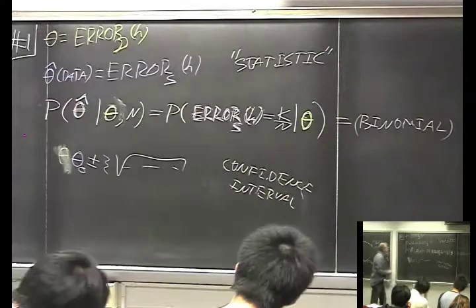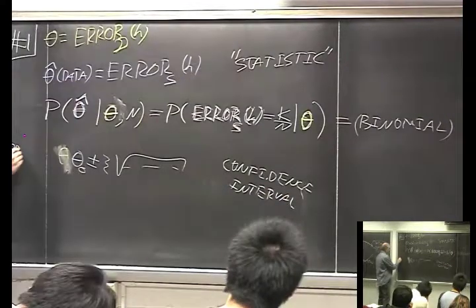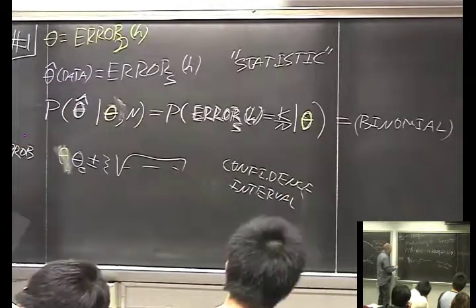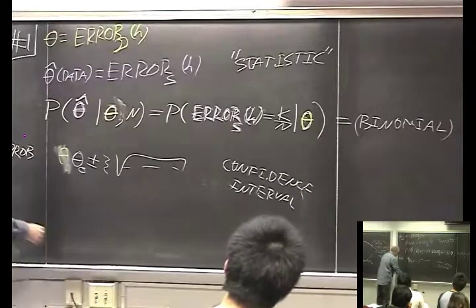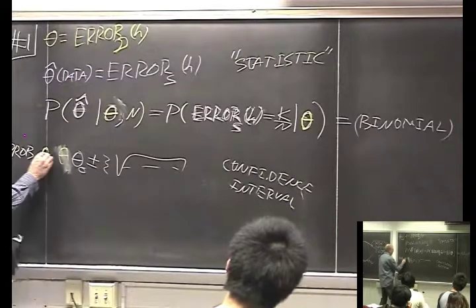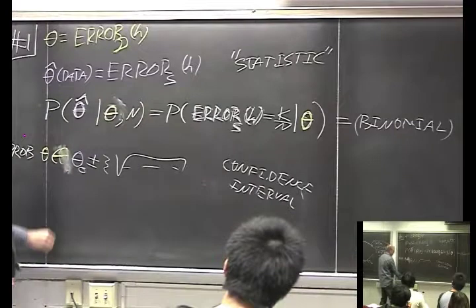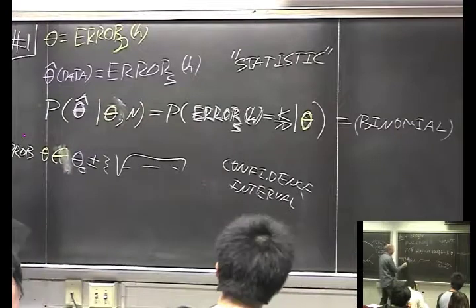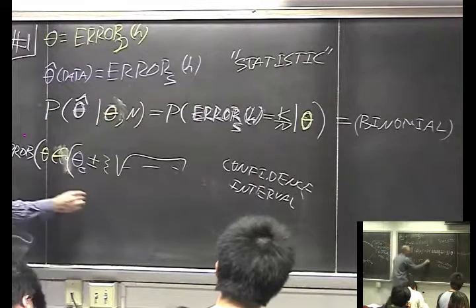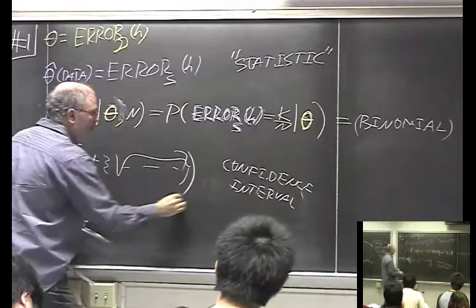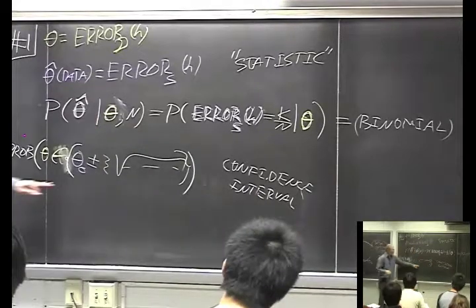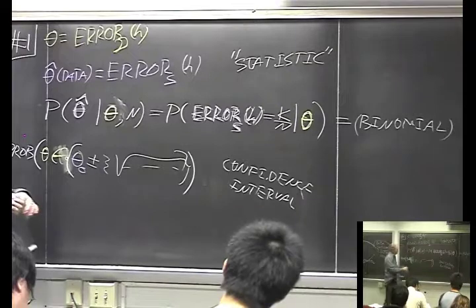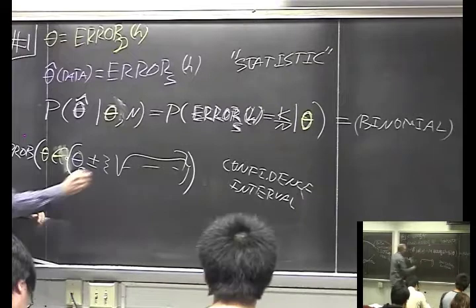And what we say is that the probability that the true value is in here, this is a confidence interval. This is in purple too.